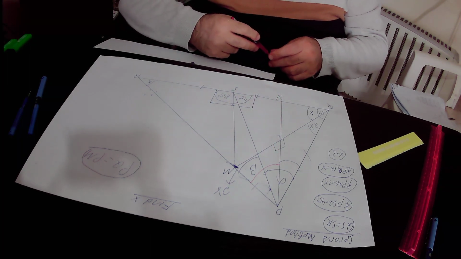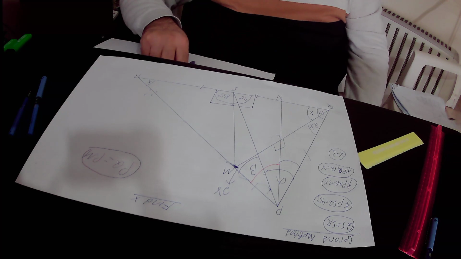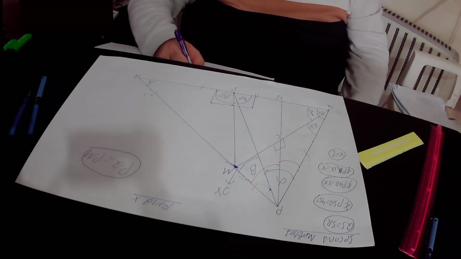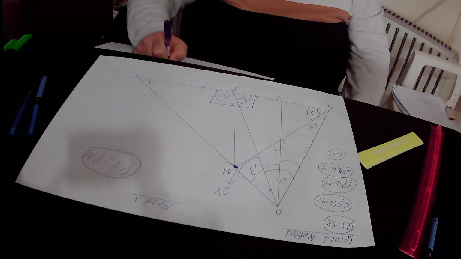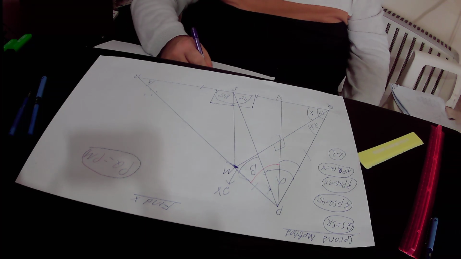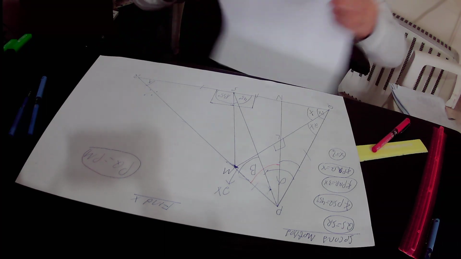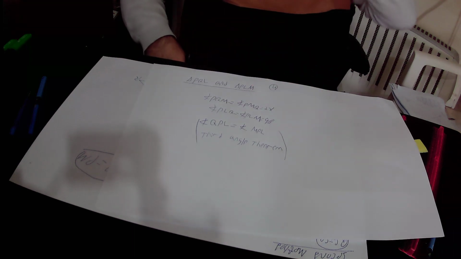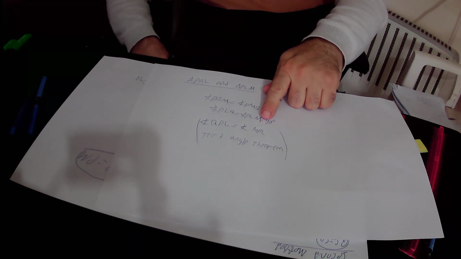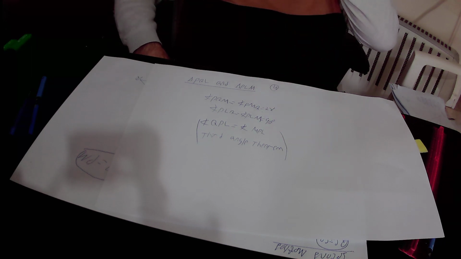Okay, so those two angles are equal to each other according to the third angle theorem. I'll repeat again. Angle QPL equals angle MPL, and they are equal to each other according to the third angle theorem.